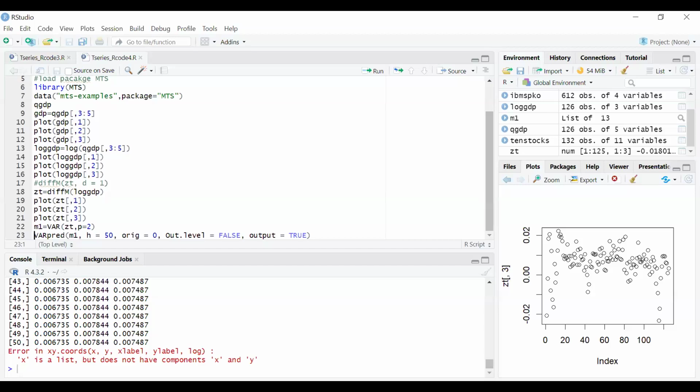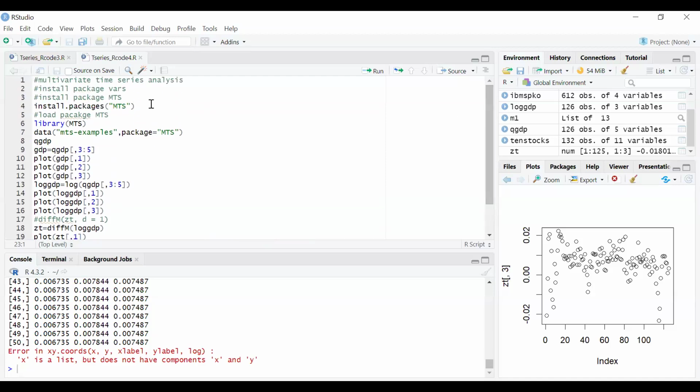Can you see the screen, the R screen? Yes, sir. Okay, so please open the file called t-series underscore r code 4.